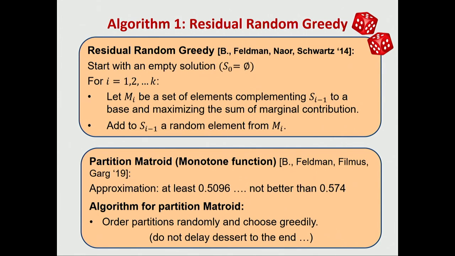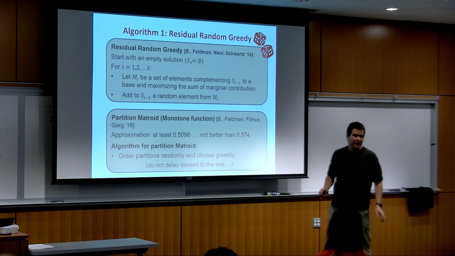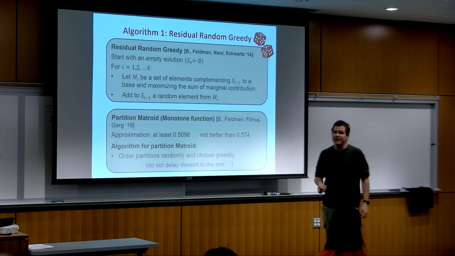So what will it do in partition matroid? First, it will choose the best dish, the best main course, the best dessert, and so on. Then choose one of them randomly, and then choose another one randomly. So it's like ordering the partition in a random order and choosing greedily by the current marginal.